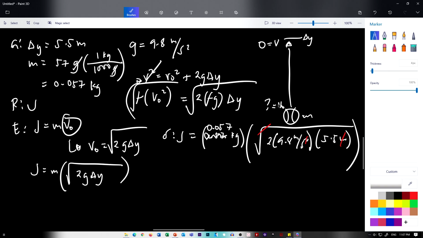So our momentum, or impulse in this case, is 0.59, right? So it's 0.59. Okay, that's it. Our unit is of course kilogram meter per second. There.